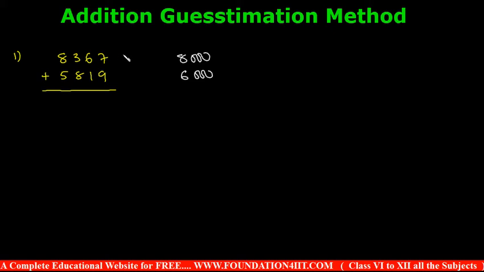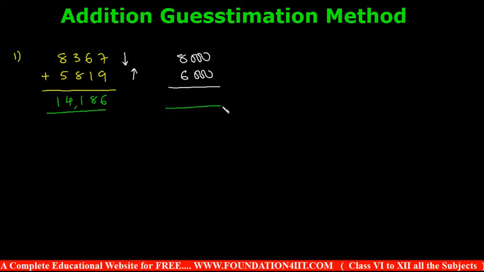So the first number is decreased and the next is increased. 8000 plus 6000. With normal addition, you get 14,186.